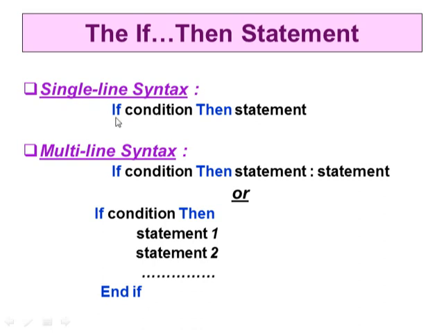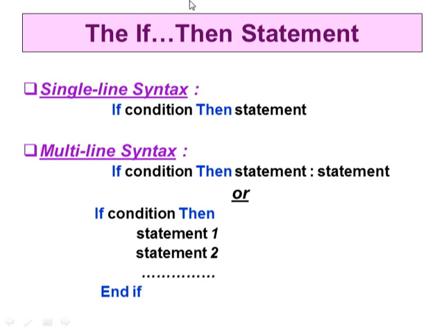First of all, it has an if statement which is followed by a condition. If you remember languages like C and others, the condition is kept within a round bracket, isn't it? But here you don't need to keep it in a round bracket, but you can, and it's a good habit to keep the condition within a round bracket.